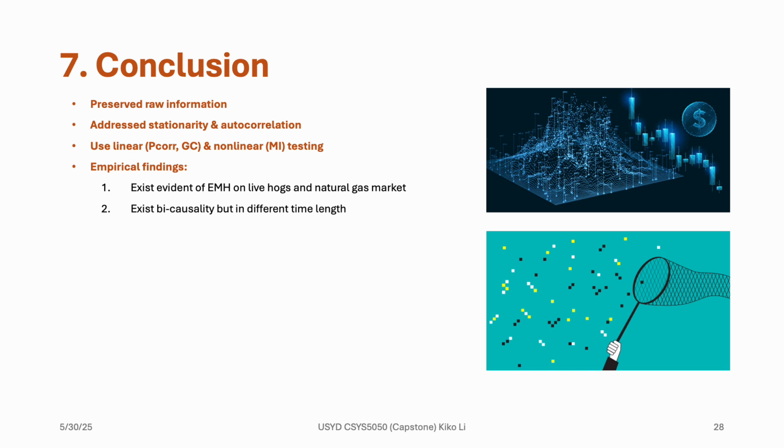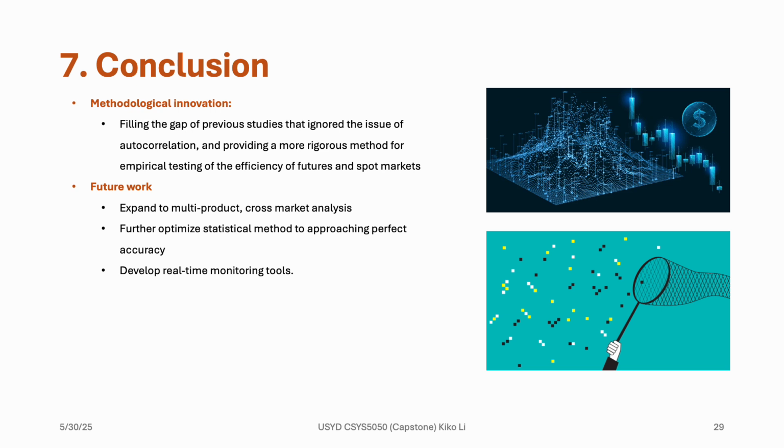And we also find bi-causality, but at different time lengths. For methodological innovation, this research fills the gap of previous studies that ignore the issue of autocorrelation and provides a more rigorous method for empirical testing of the efficiency of future and spot markets. Future work includes expanding to multi-product and cross-market analysis.